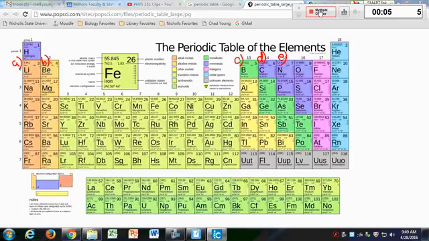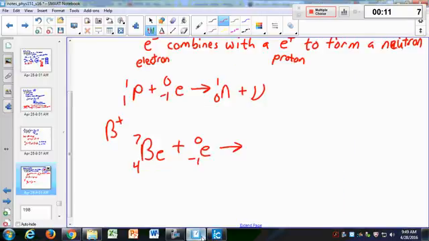Did y'all get the equation that I wrote down the first time? Let me bring that back up, okay? We'll come back to this. I'll show this back to you. But so this is our equation. I have beryllium. It captures this electron. I want to know what now is the daughter nucleus. I'll go back to the periodic table in just a second.